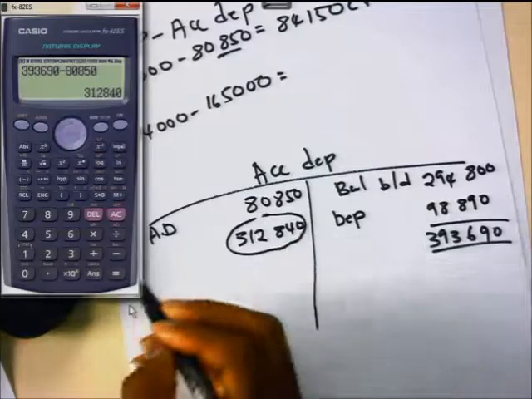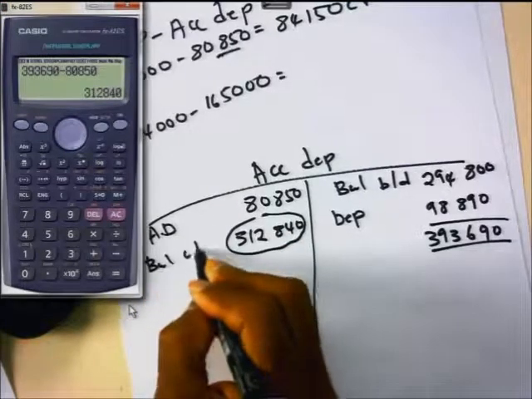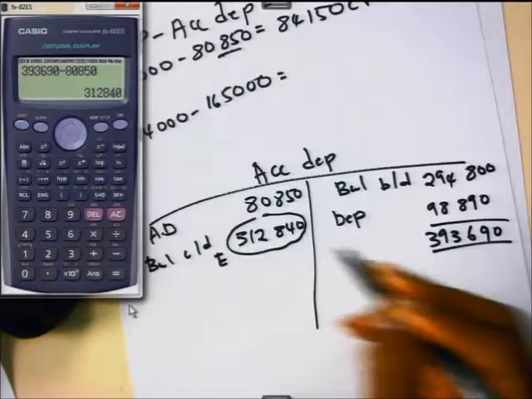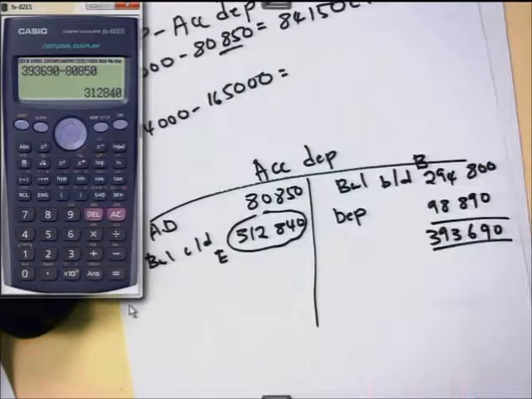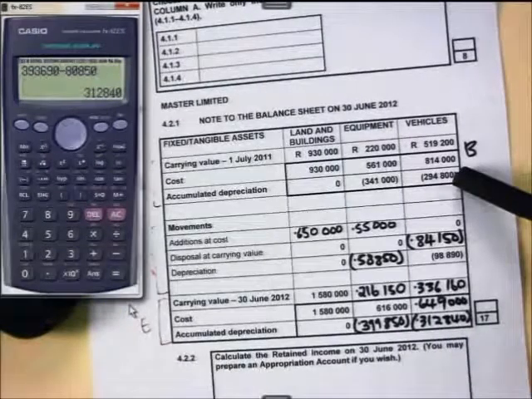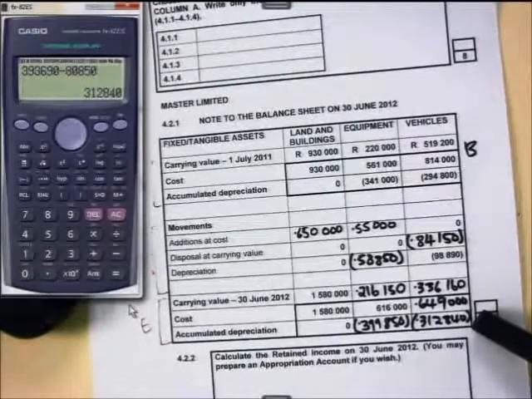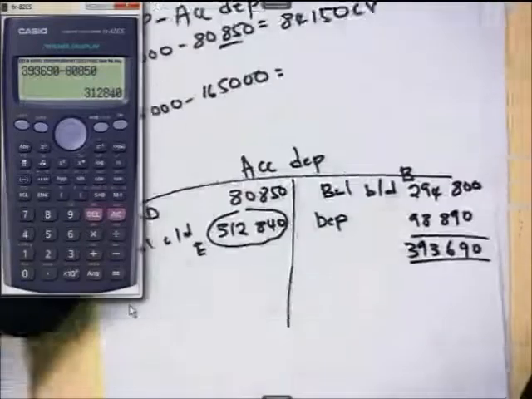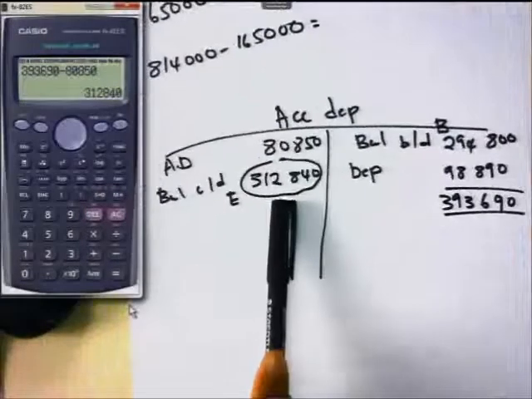We'll get that figure as balance carried down. This is the end of the year. This is the beginning of the year. So if you check our question there, we also have at the beginning 294,800 and then at the end 312,840 as calculated from the account.